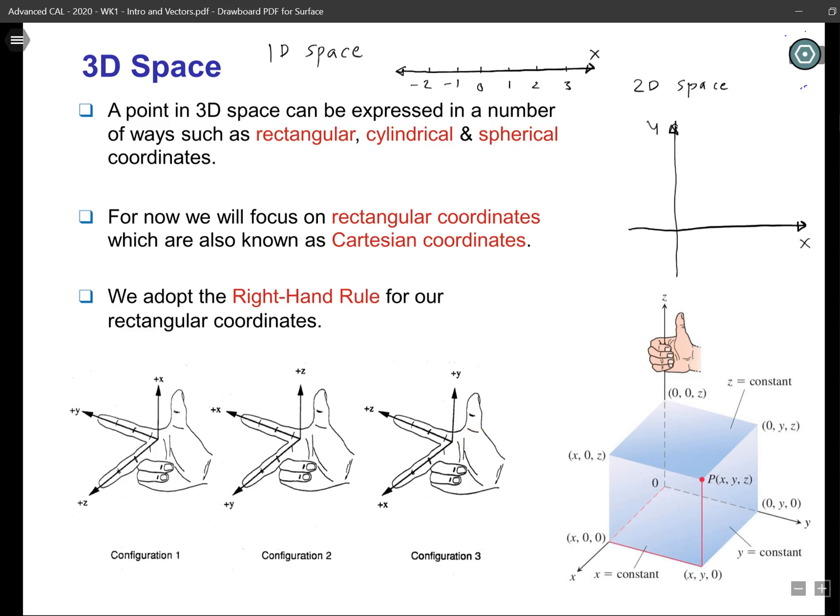So it's the graph that we have seen lots and lots of times in several subjects. So we have 1, 2, 3, 4, whatever it is. I'm not going to label each one of these, but you know what this means, right? Right, it keeps going. So this is 2D space, and this is 1D space.